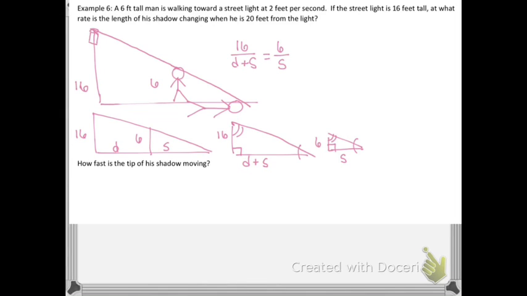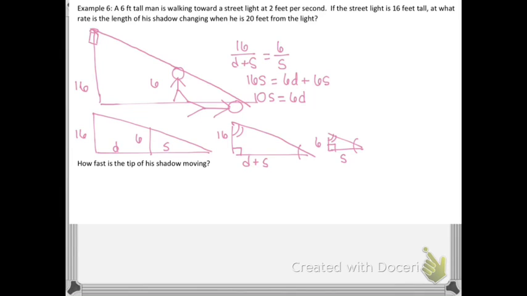So now that we have our proportion set up, let's cross multiply. So cross multiplying, we get 16S equals 6D plus 6S. Let's subtract that 6S to the other side. So we get 10S is equal to 6D.